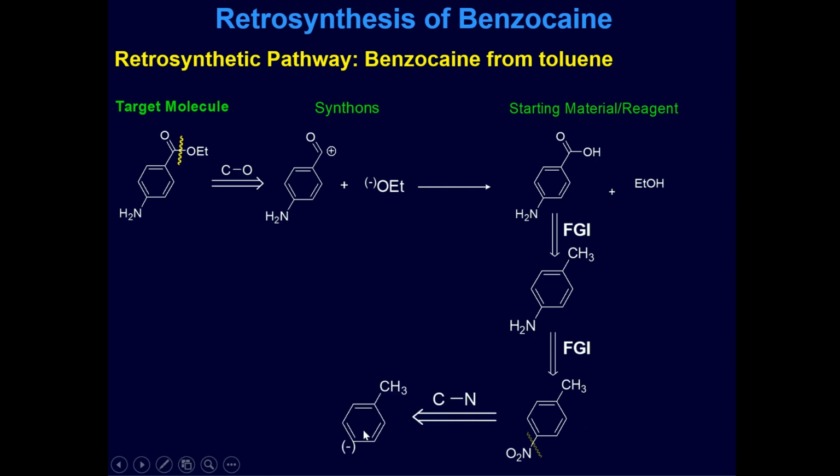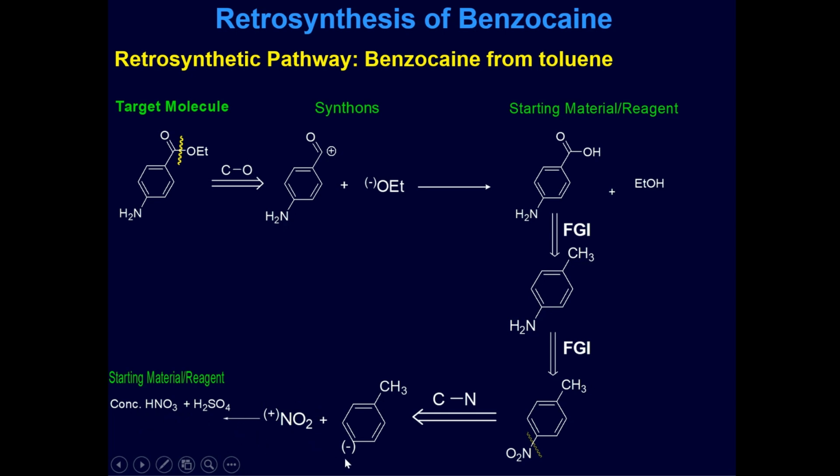I'll get a synthon. Nitro is electron withdrawing, so this becomes electron rich and the other is NO2 plus. NO2 plus I can get by using the reagent nitric acid and concentrated sulfuric acid.